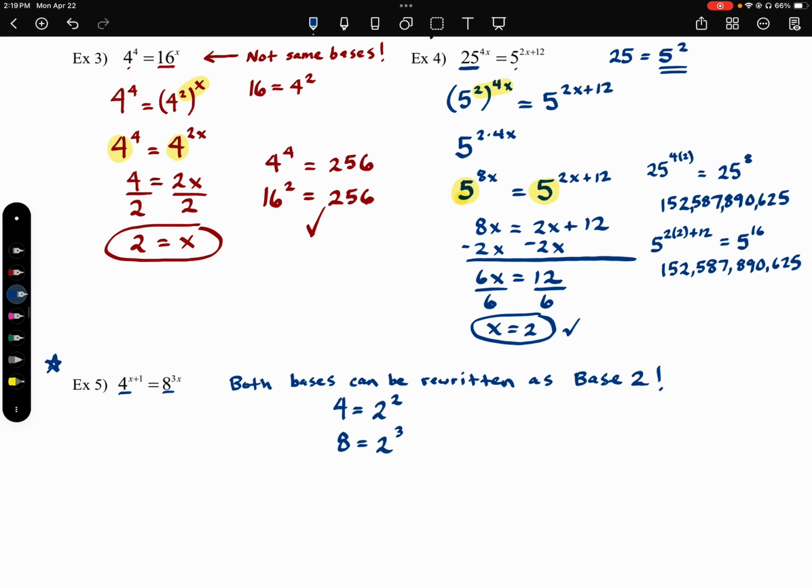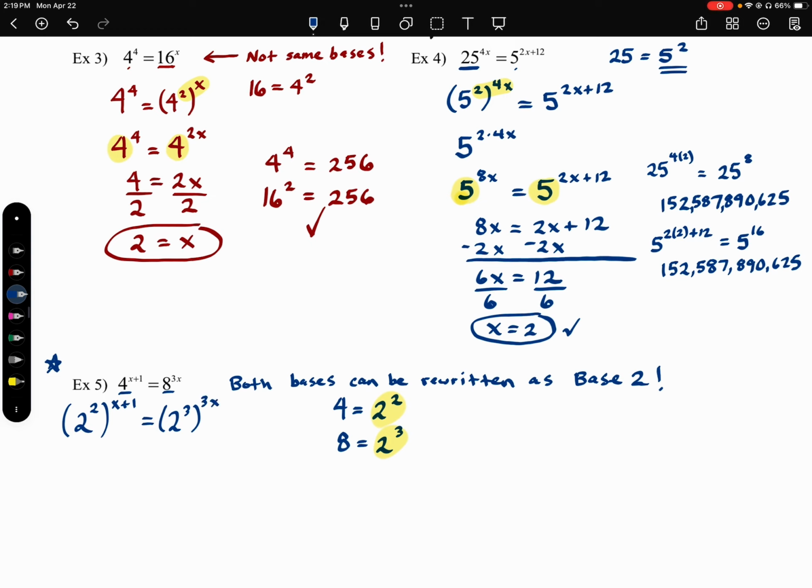So we're going to substitute those expressions into our original equation. So here's what it looks like. Instead of 4, we're going to say 2 squared, still raised to the power of x plus 1, equals, instead of 8, now we're going to use 2 to the third power, raised to the power of 3x.